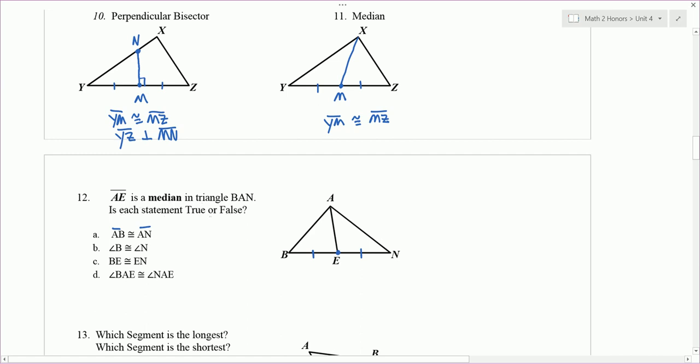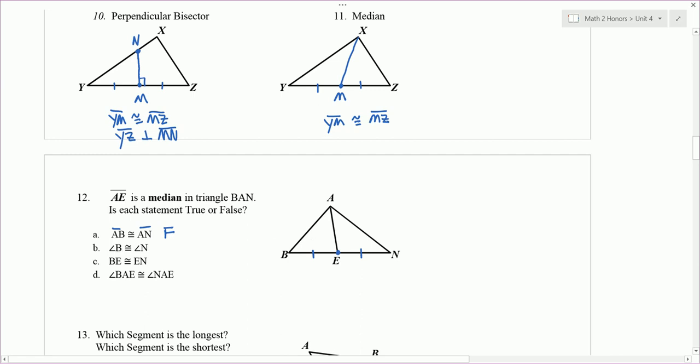I would say true or not enough information, right? So A, it could be true, but we don't have enough information. There's nothing that tells us for sure that A has to be true. I will write false, although have that understanding that it might be true.